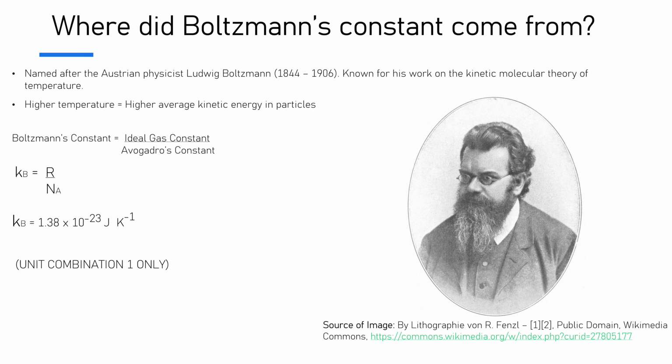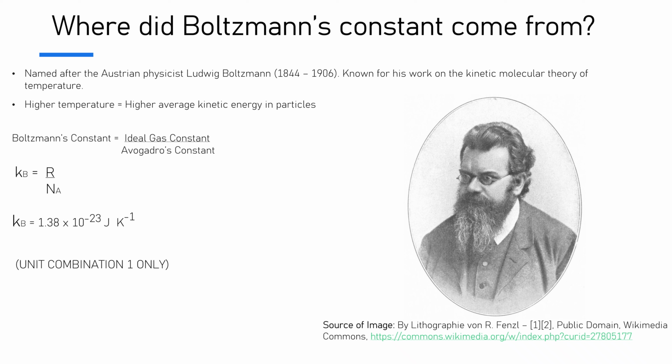Our focus in this video is going to be on Boltzmann's constant, which is represented by a K followed by a capital B in subscript and is calculated by taking the ideal gas constant, R, and dividing it by Avogadro's constant, represented by capital N followed by a capital A in subscript. If both the ideal gas constant and Avogadro's constant are expressed in three significant figures, the resulting value for Boltzmann's constant in three significant figures will be 1.38 times 10 to the minus 23rd joules per Kelvin.